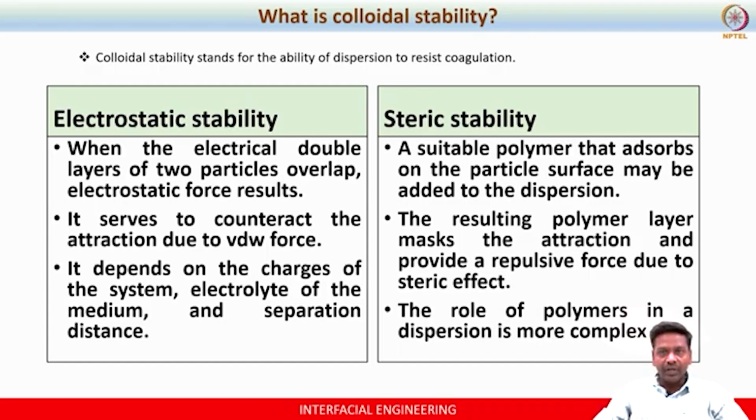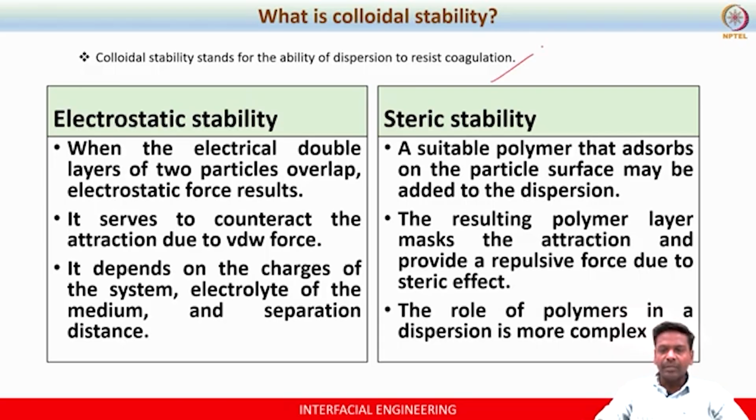So in every aspect, what is very important to address is how you can maintain the stability of a colloidal system or suspension or dispersion. So that is the question. What is causing them to attain that stability, the coagulation or dispersion.